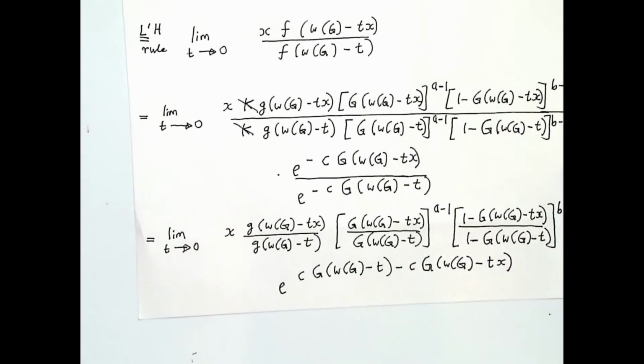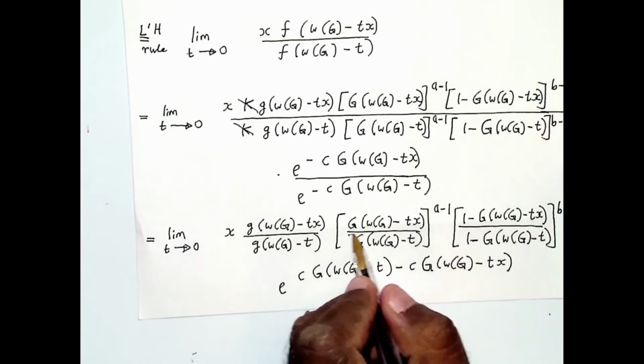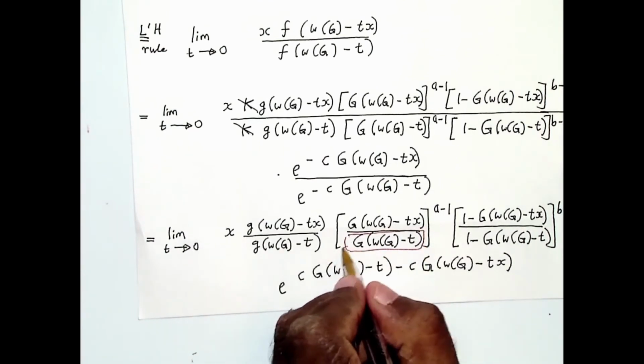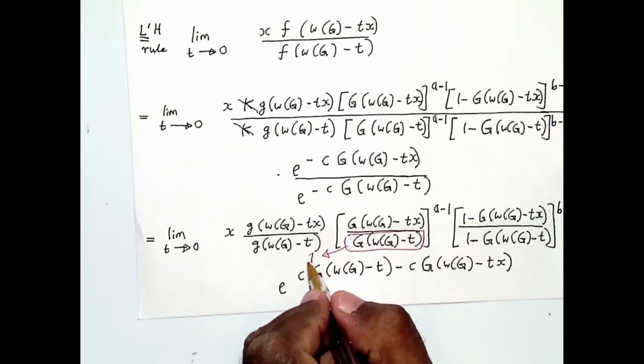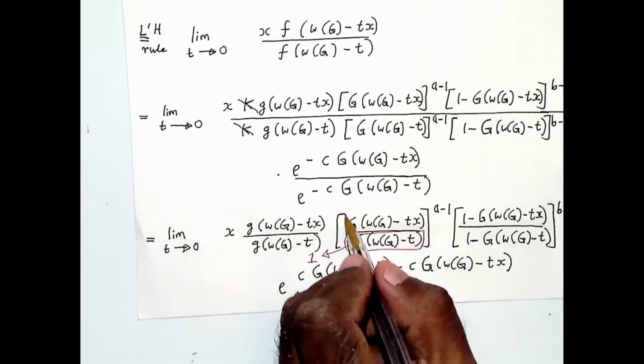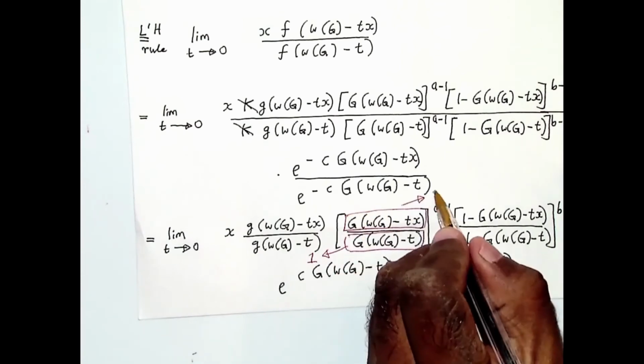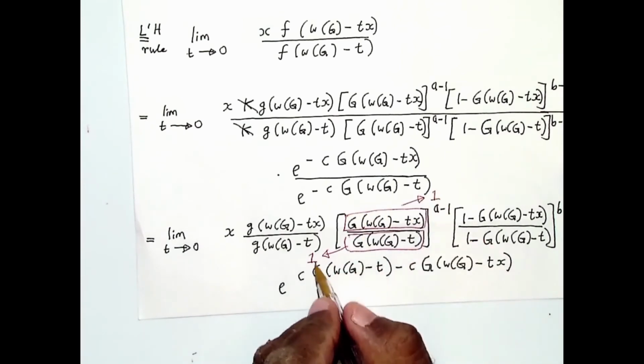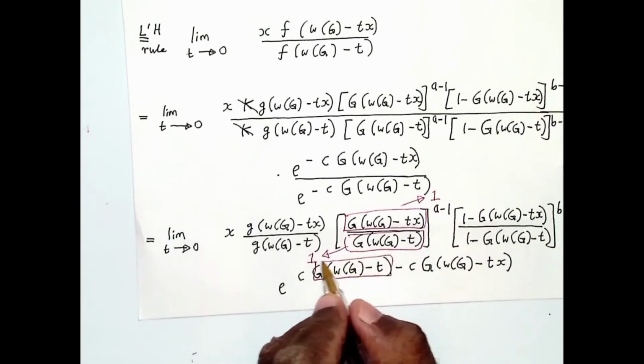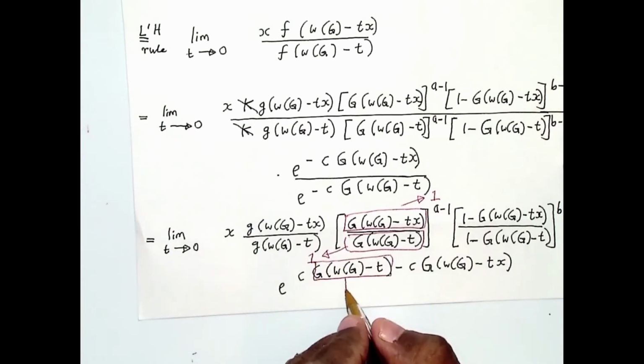Now let's take the limits. As t goes to 0, by definition, this is going to go to 1 by definition of WG. And this will also go to 1. This will also go to 1.